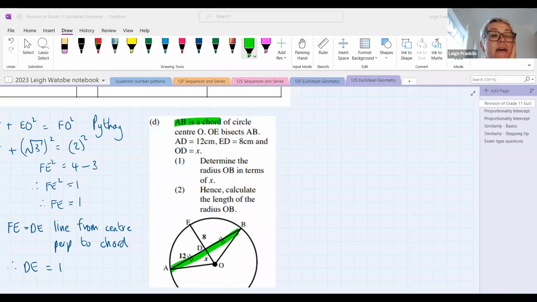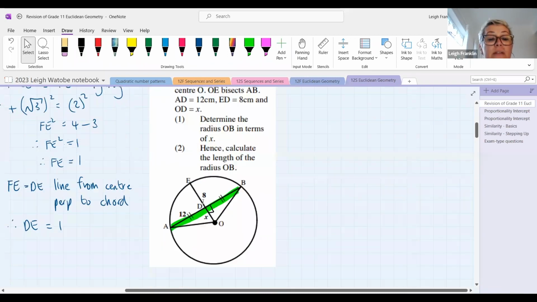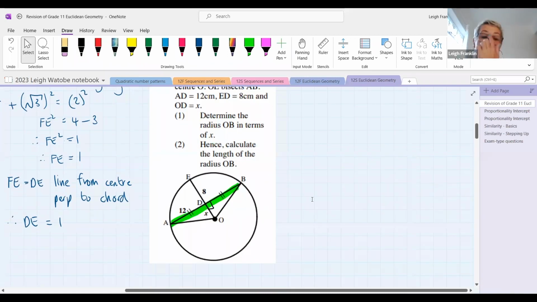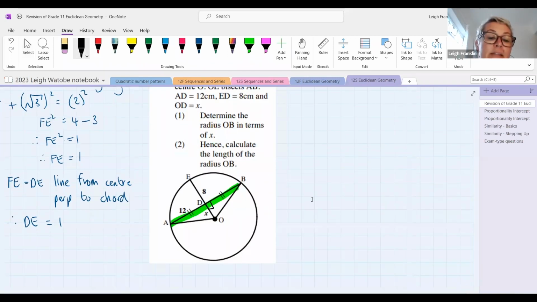So if we say that this angle over here is equal to 90, it means that DBO is a right angle triangle. It also means that DOA is a right angle triangle. So if AD is 12, that means that DB is also 12.